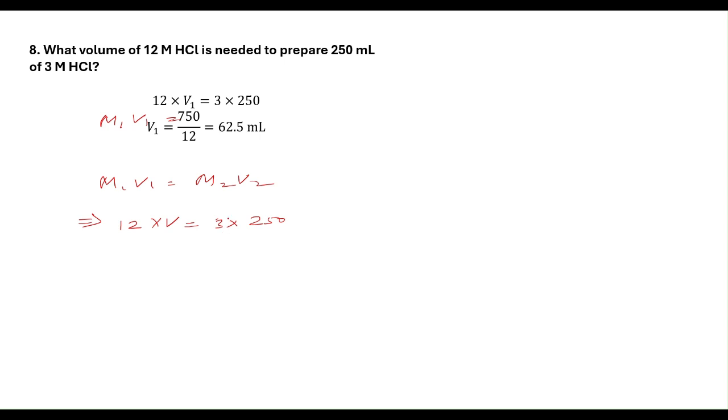So basically 3 divided by 12 is 1 by 4, so the volume becomes 250 by 4, which will be 62.5 ml if we divide it. We can simplify more: this is 2, this is 125, and when you divide it, it will give you 62.5 ml.